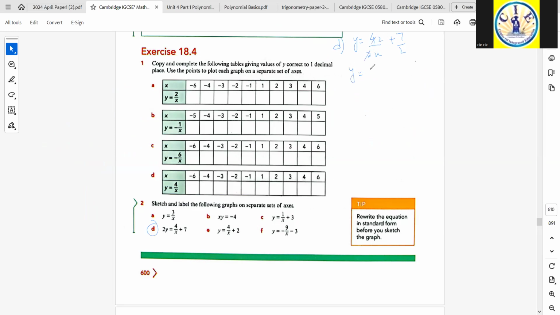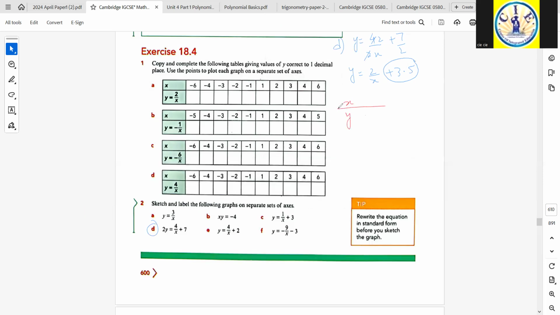So the equation becomes 2 by x plus 7 by 2, that is 3.5. This is the constant value that translates the graph. And how is it going to affect the graph? Let's see.